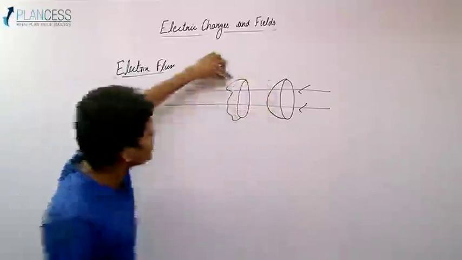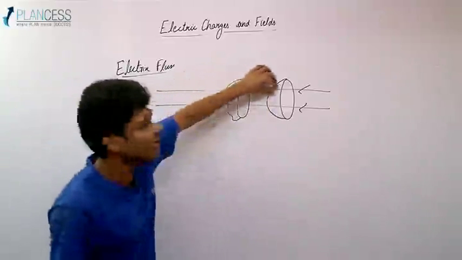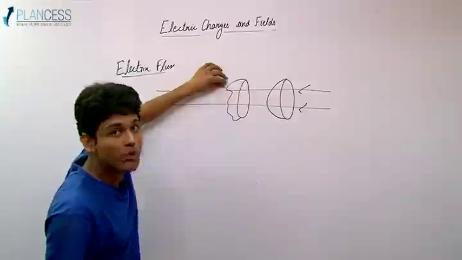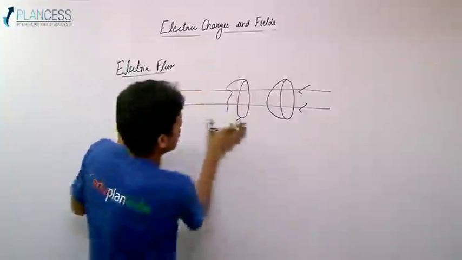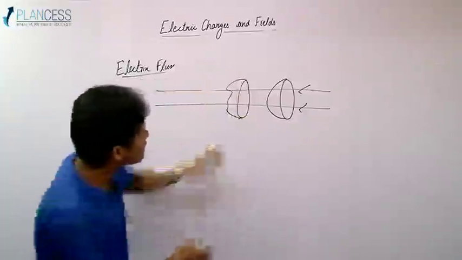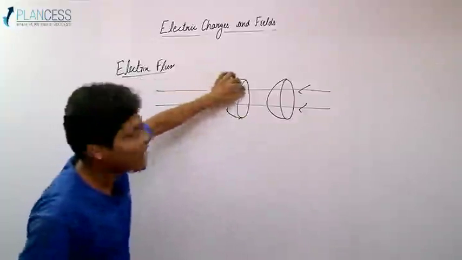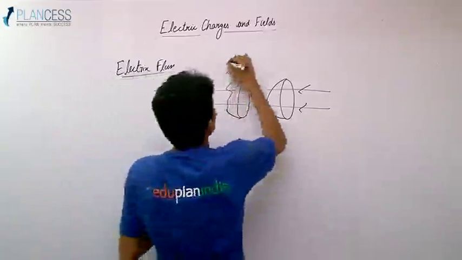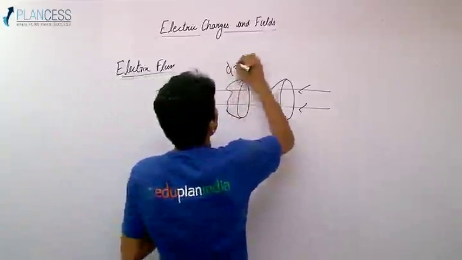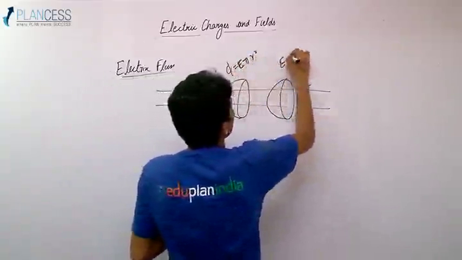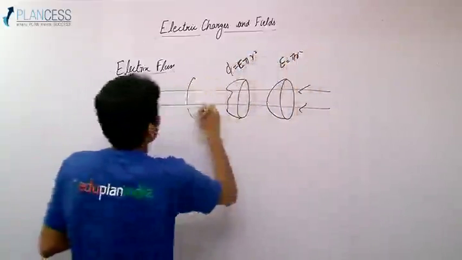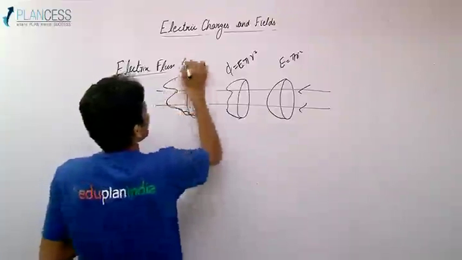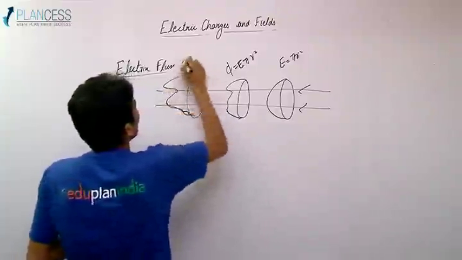The small projections of the areas will be equal everywhere and would lie on the whole ring. So for this also flux would be E into pi r square. For this also flux was E into pi r square. For any random figure like this, the flux is E into pi r square.